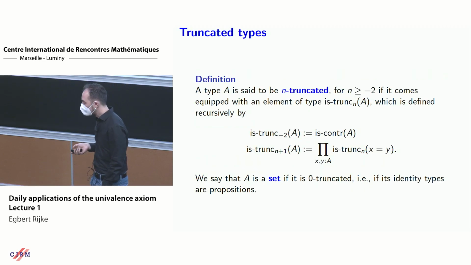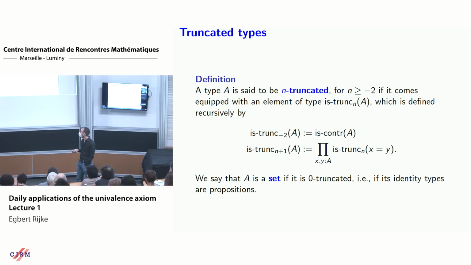Okay, and more general than propositions and contractible types is the notion of truncated types. Note that in the definition of propositions, we said the identity types of a proposition must be contractible. And now we can say, okay, the identity types must be propositions. What is that good for?